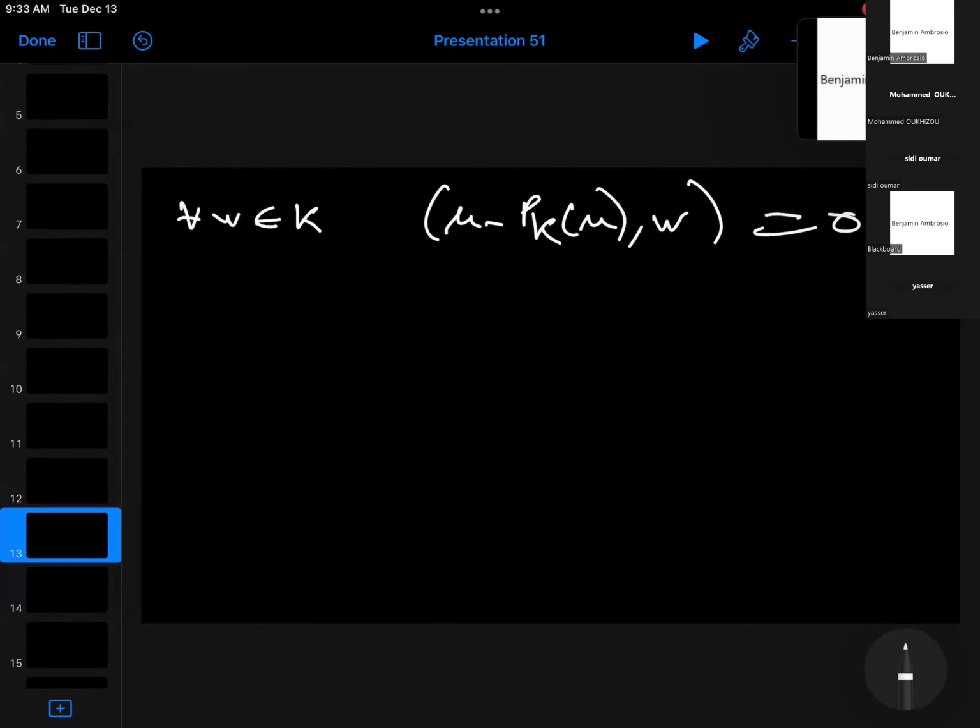All right, so when instead of just being convex, it's a linear subspace, you have this equality.